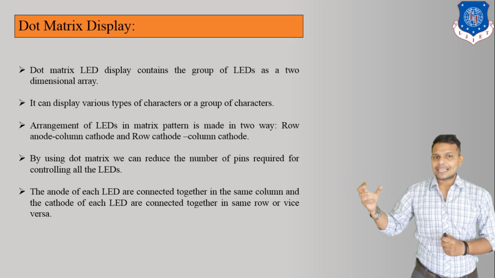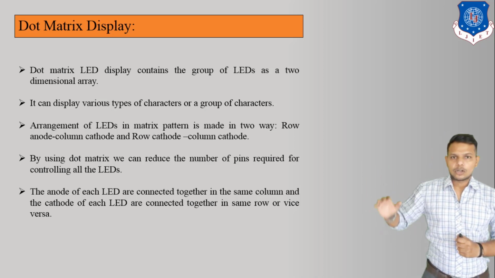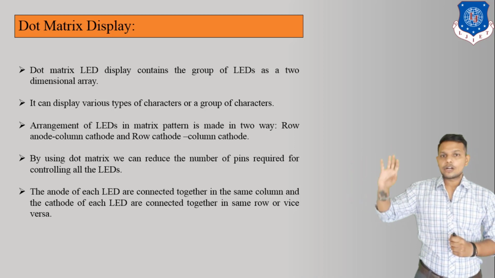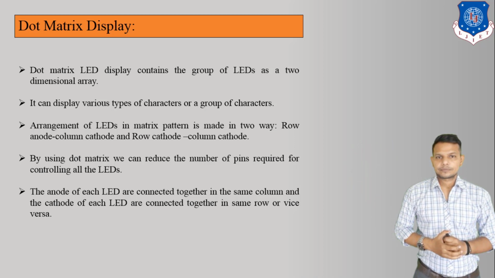LEDs in a matrix pattern are arranged in 2 ways: row anode, column cathode, and row cathode, column anode.